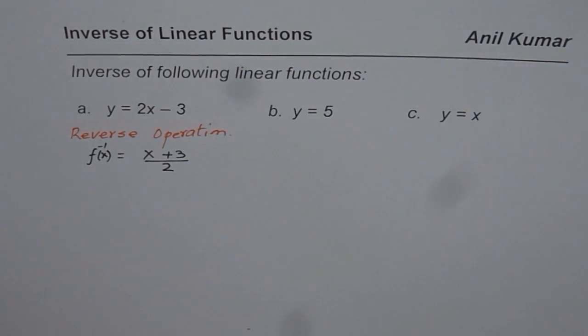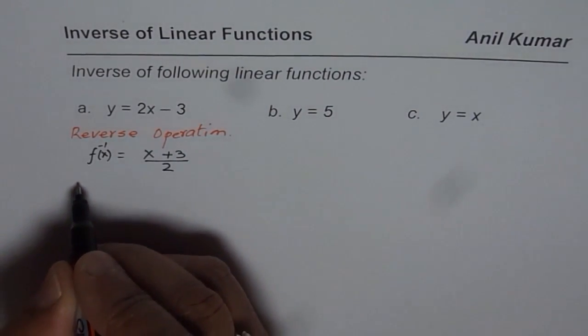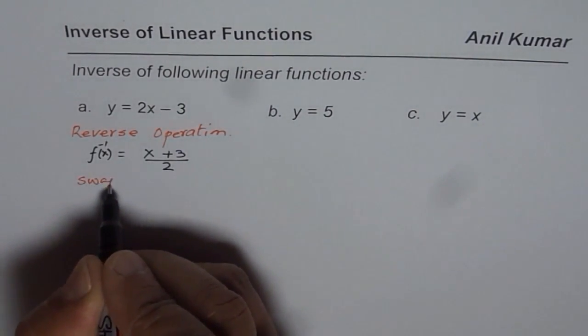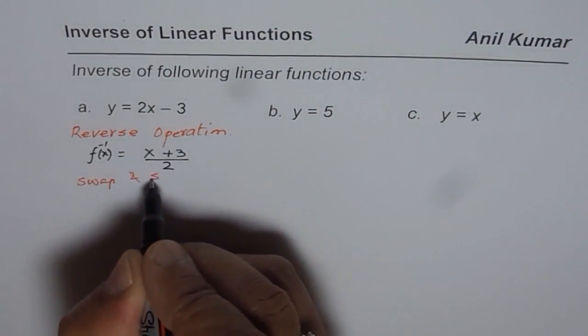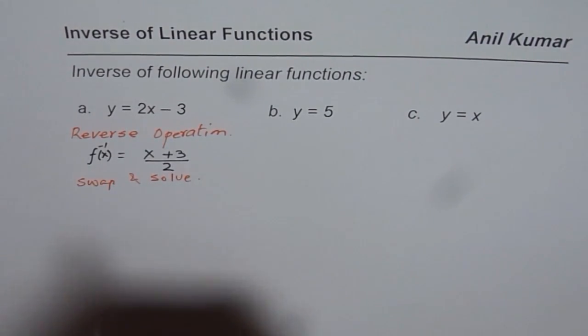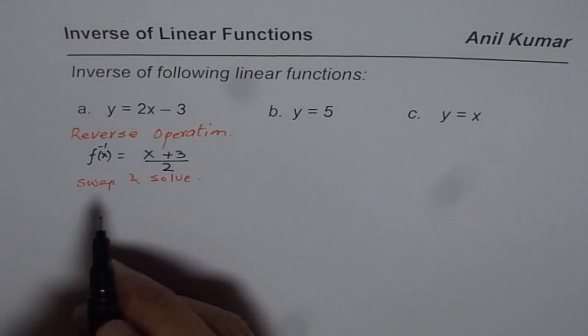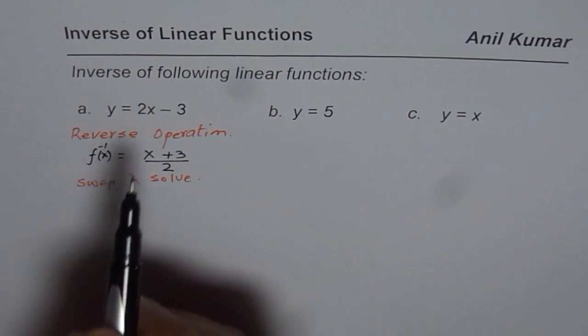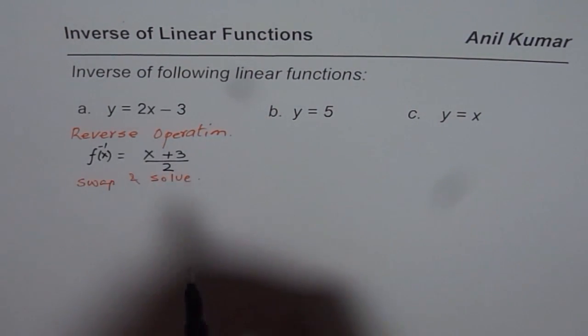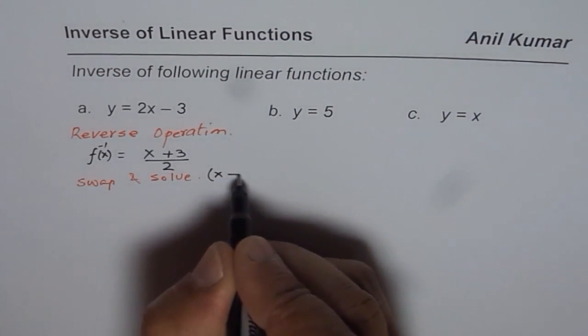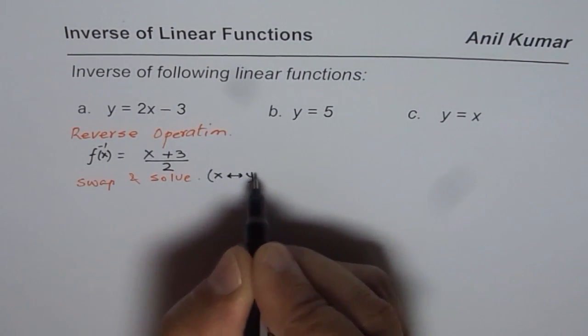Now let me teach you another method of finding the inverse, and that is swap and solve. That is the general method which can be applied to any function. Swap and solve is kind of like this. We have x and y. You replace x with y and y with x.